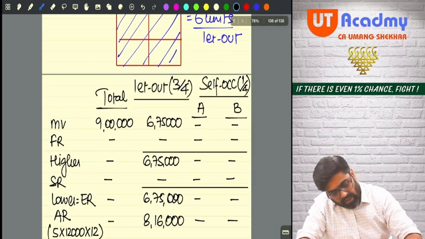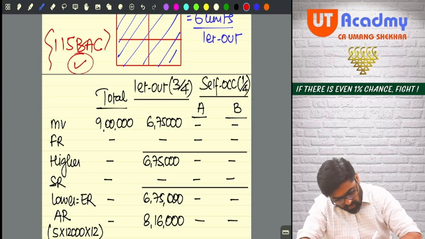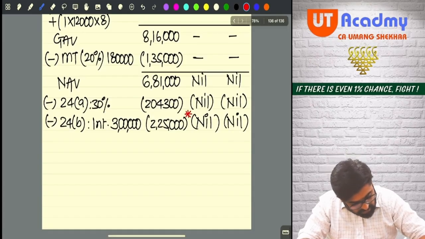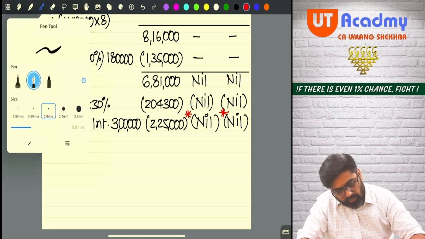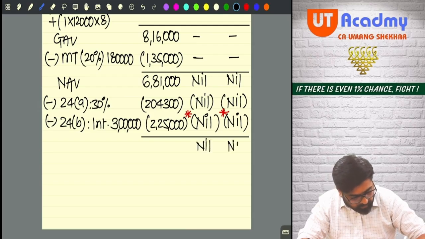Because in the starting only I will write both are following 115 BSE. Hence, there will be no interest deduction for both of them. Sure. So tell me, what will be the final income from self-occupied portion? It will be nil for both of them.